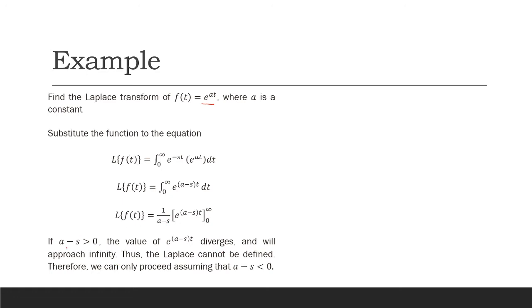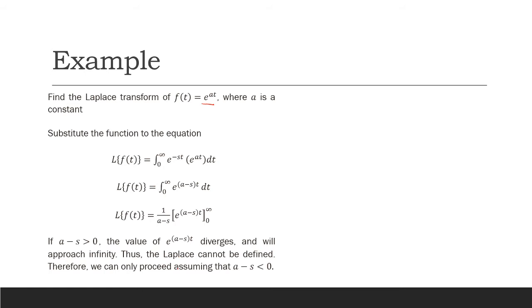So, if ang range natin ay gagamit tayo na ang a natin minus s is greater than 0, so meaning itong a na to is mas malaki kesa sa s natin, it will approach infinity. And wala tayong Laplace na makukuha doon. Kasi in the first place, paano natin siya evaluate? Eh, hindi naman converging yung term na yon.